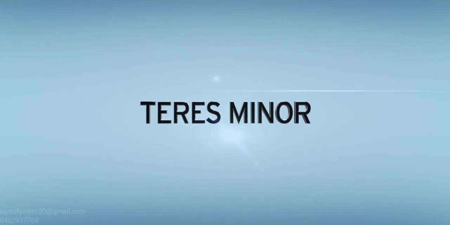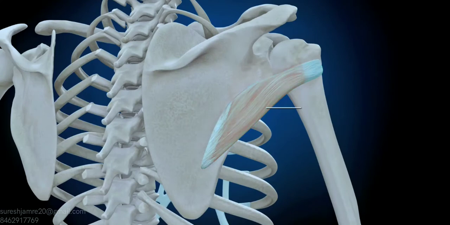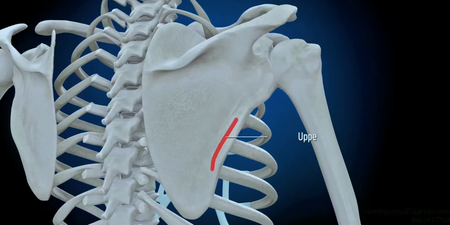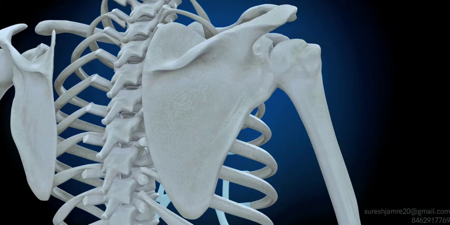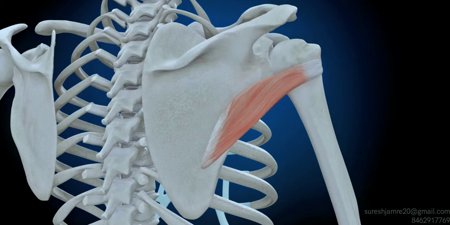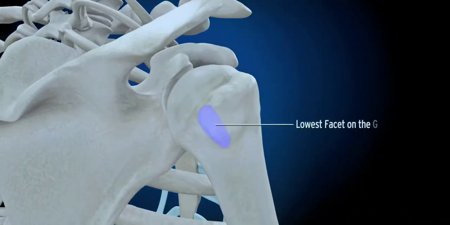Teres minor. Origin: upper two-thirds of the dorsal surface of the lateral border of the scapula. Insertion: lowest facet on the greater tubercle of the humerus.